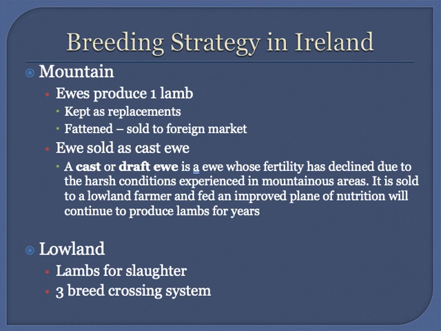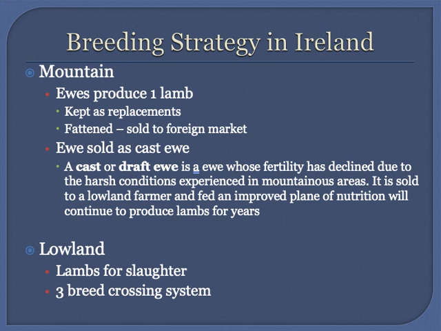So generally speaking, that ewe will get sold on as what's called a cast ewe or a draft ewe into a lowland farm after a while, and that's usually done once her fertility starts to decrease because she's been surviving in those harsh conditions for so long. Usually when she's sold onto a lowland farm, if her nutrition is improved, she will actually go on to have multiple lambs again for a good while.